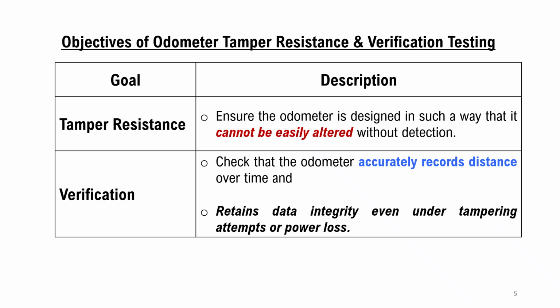Tamper resistance ensures the odometer is designed in such a way that it cannot be easily altered without detection. Verification means checking that the odometer accurately records distance over time and retains data integrity even under tampering attempts or power loss.